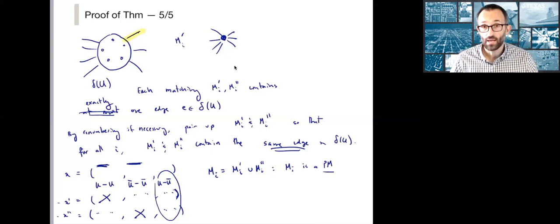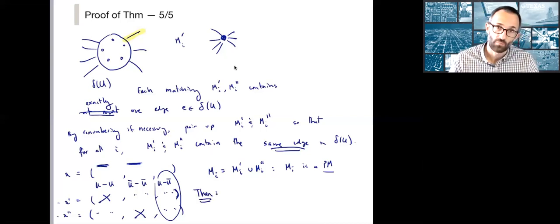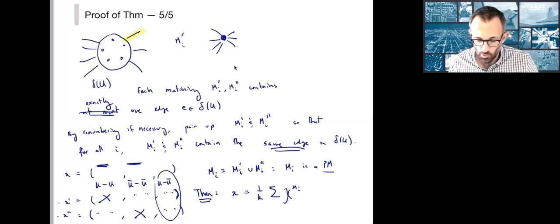But if Mi is a perfect matching, it means that we finished our proof. It means that X, after all, was in the perfect matching polytope because it's equal to 1 over k times the sum of chi Mi. And that is our story here. So that finishes this proof.